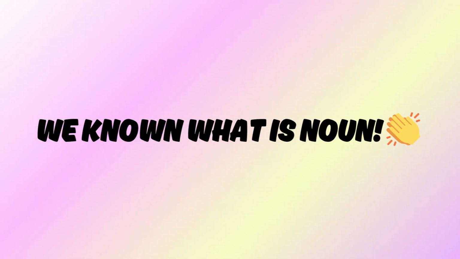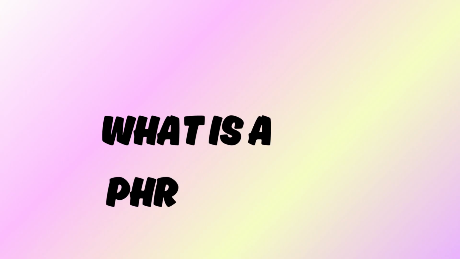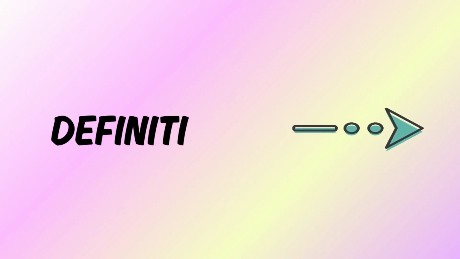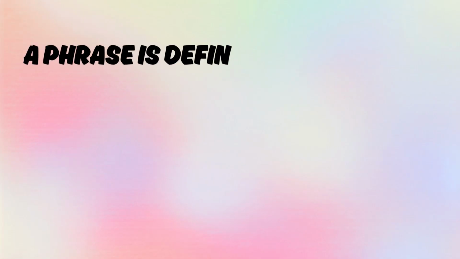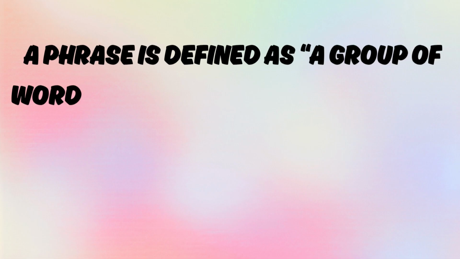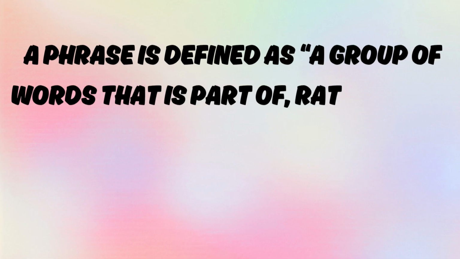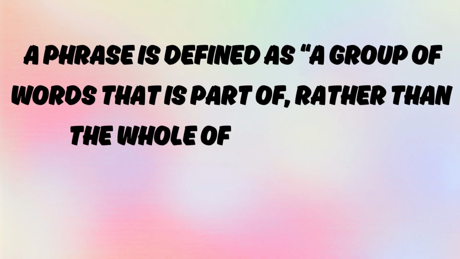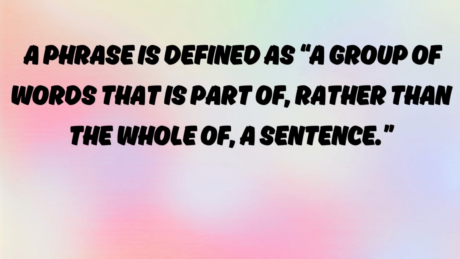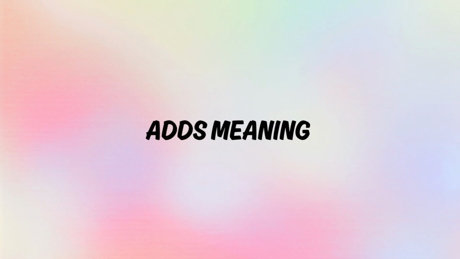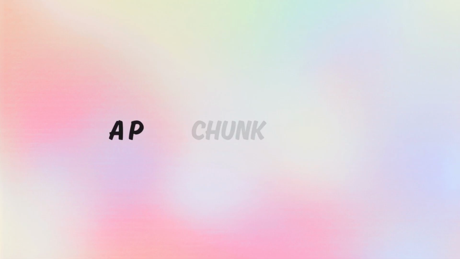Now that we know what a noun is, let's understand what a phrase is. And here's a simple definition. A phrase is a group of words that does not form a complete sentence, but works as a part of it. It doesn't have both a subject and a verb, but it aids meaning. It's a chunk, a part of the whole.